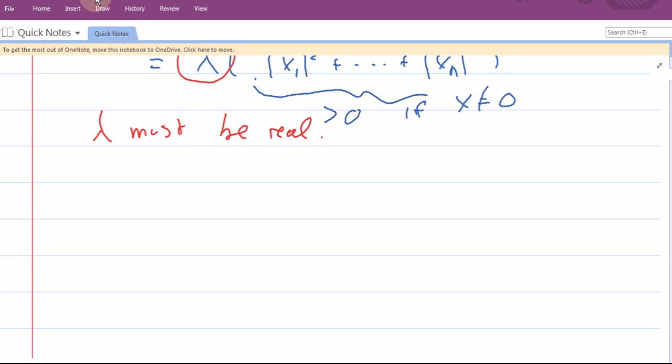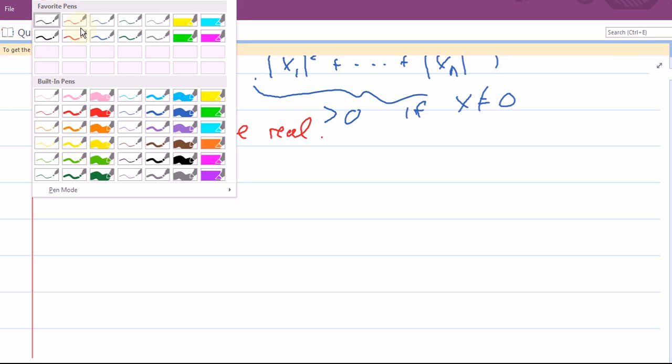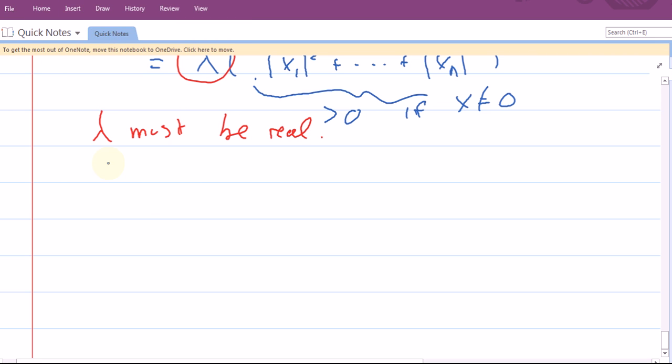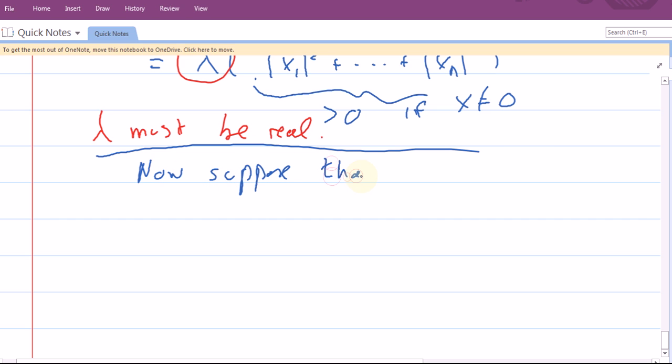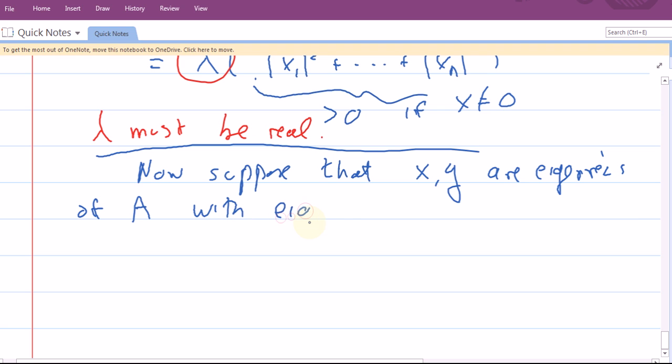So let's say that we have now a little bit more complicated situation. Suppose that x and y are eigenvectors of A with eigenvalues, I'll say lambda and mu.